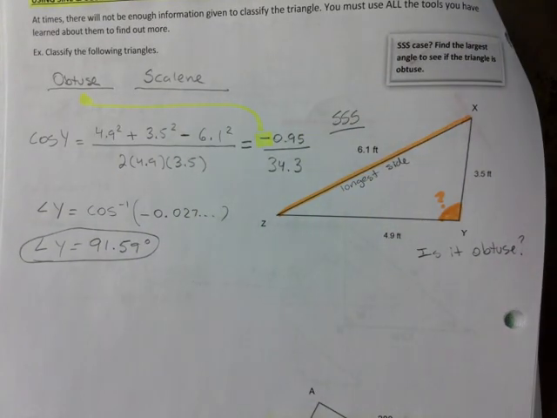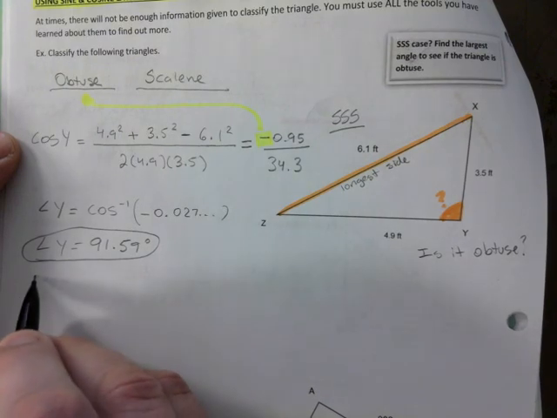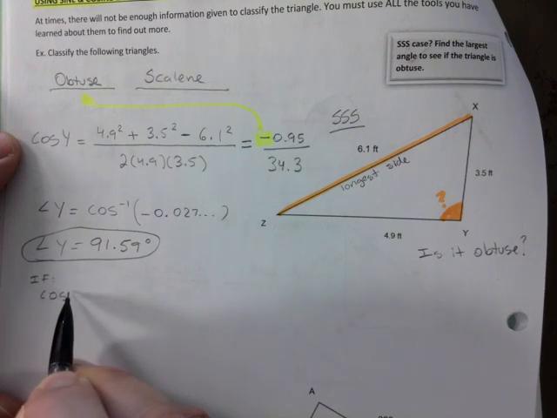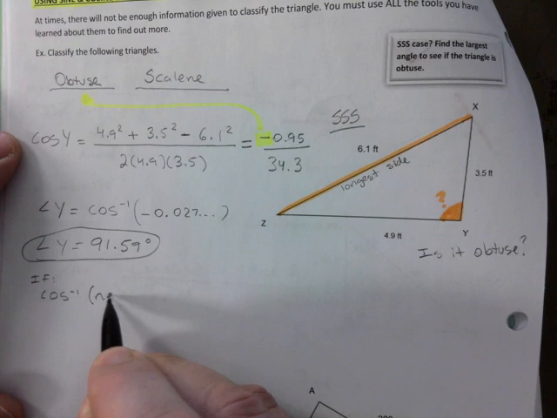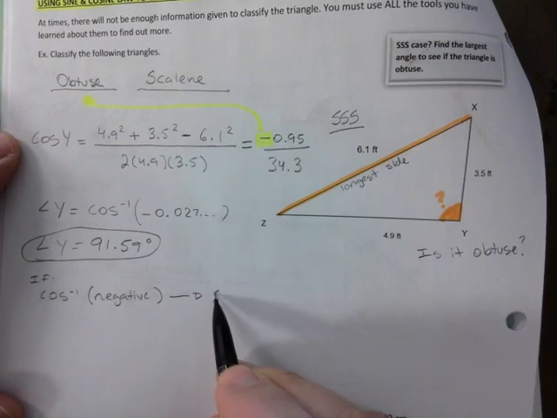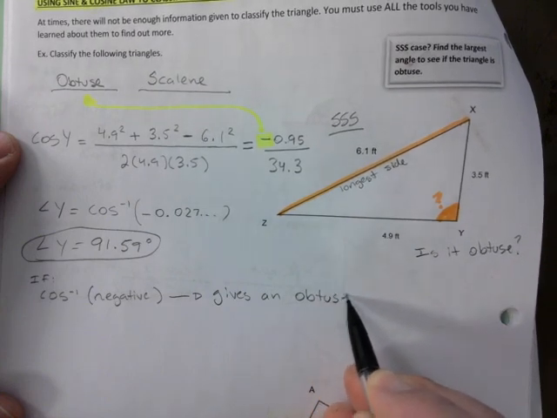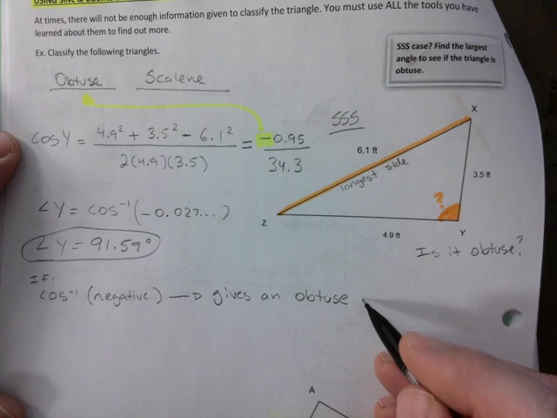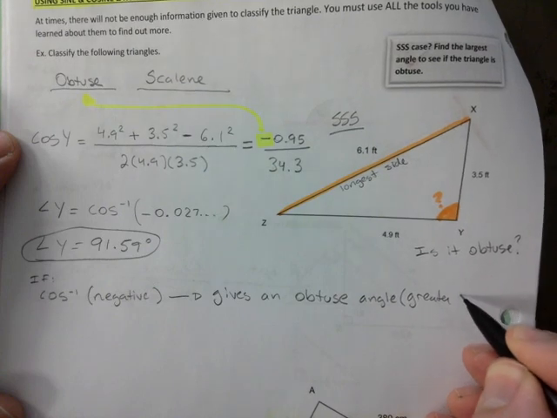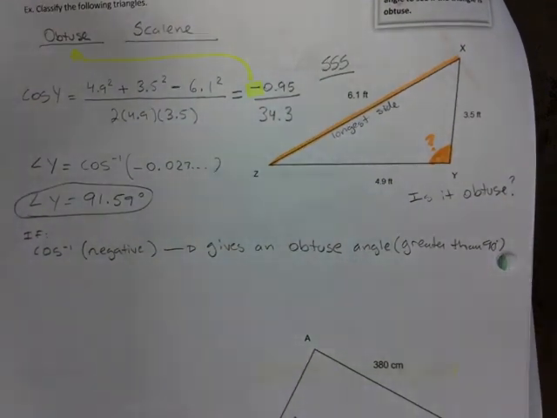And I'm going to add a box in here for you to know. Write down: if cosine of a negative will always give you an obtuse angle, greater than 90 degrees.